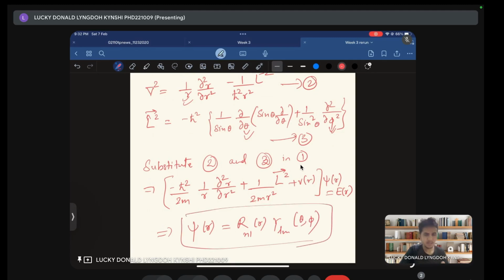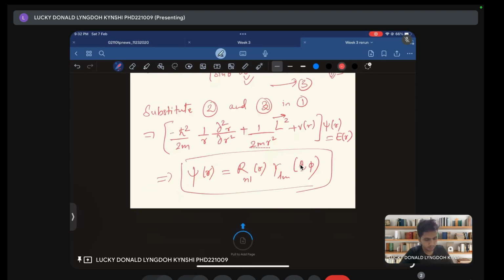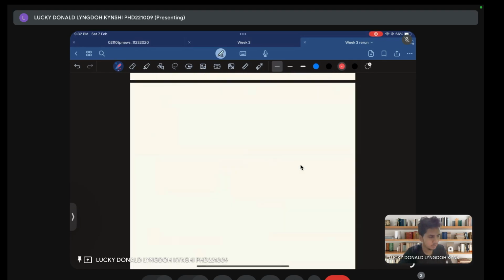Okay, so that means any solution in spherical polar coordinates will always depend upon your radial part as well as the theta and phi part. Again, mathematically, if you solve it, you get the phi part as 1 by root over 2 pi e to the power of i m phi.